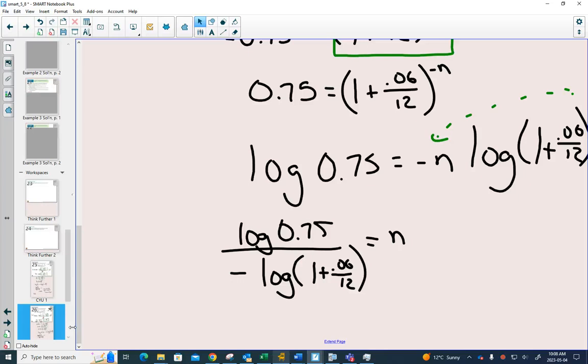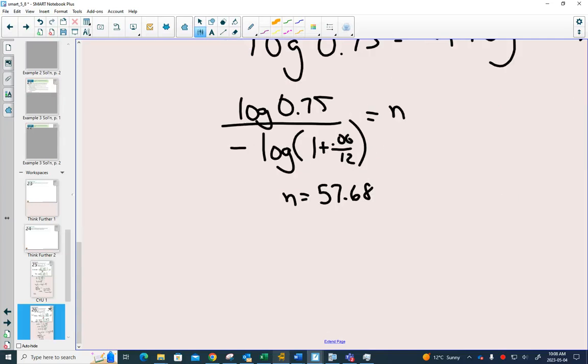So typing this all in, you get 57.68. What does that mean? That means you will pay your full payment of $300 57 times, and your last payment will be a little bit smaller.